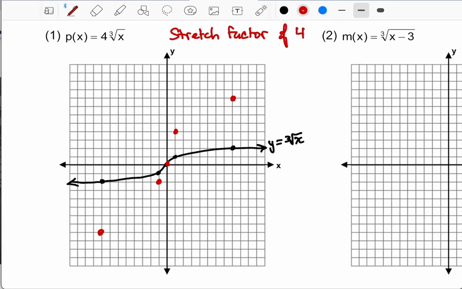And these would be my new points. So you're looking at something like this, and I think it's fairly reasonable to look at it and say, yeah, that kind of looks like what would happen if you stretched out that black graph.